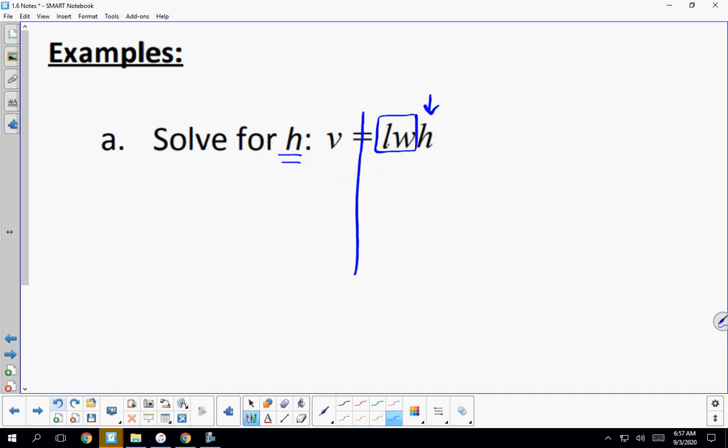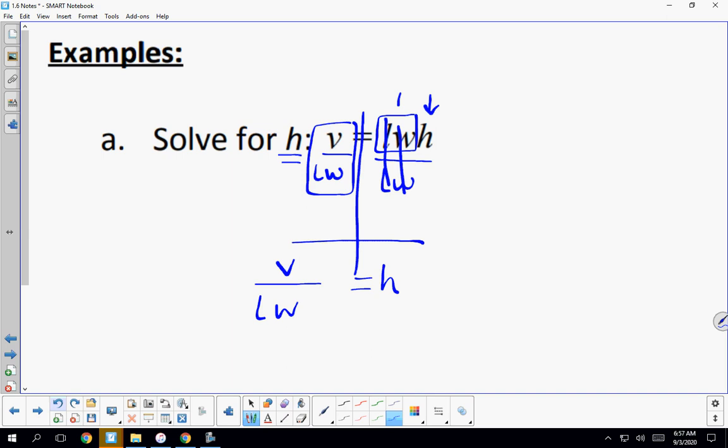Since they're both being multiplied, we could actually divide by both at the same time. So I'm going to divide both sides by LW. L goes into itself once, W goes into itself once, so we're left with 1H, or just H. And then on this side, V divided by L times W is just V divided by L times W.